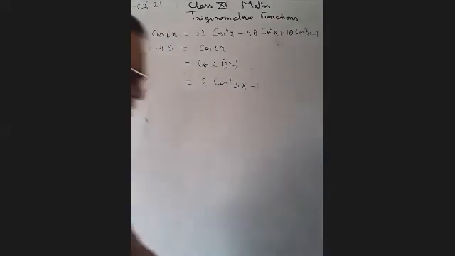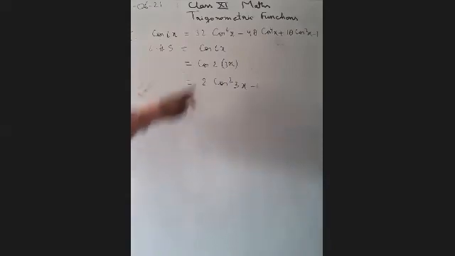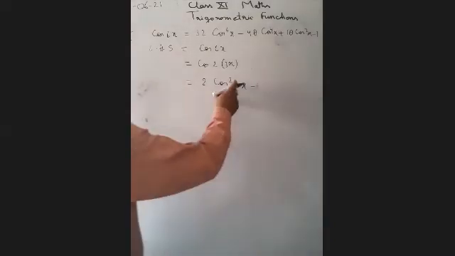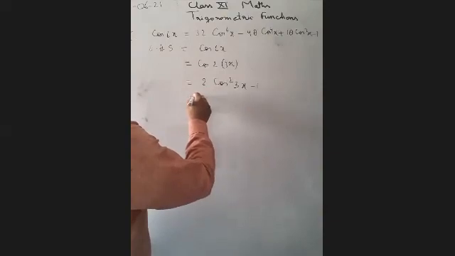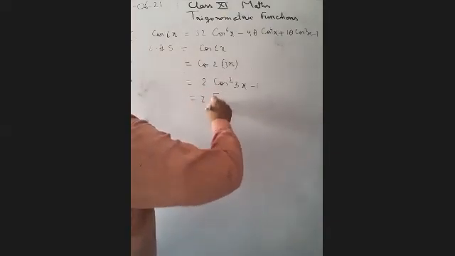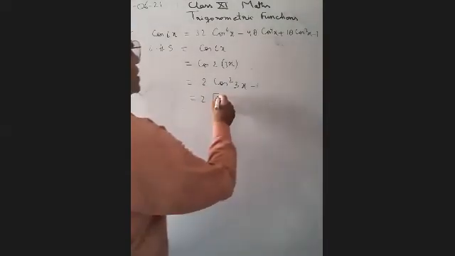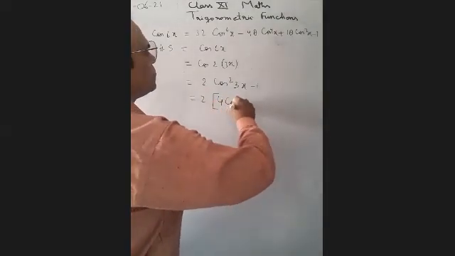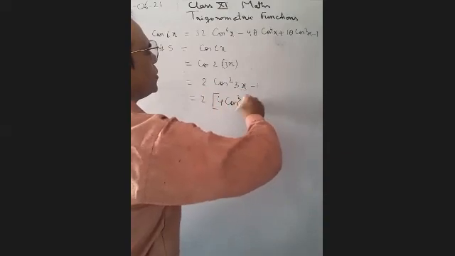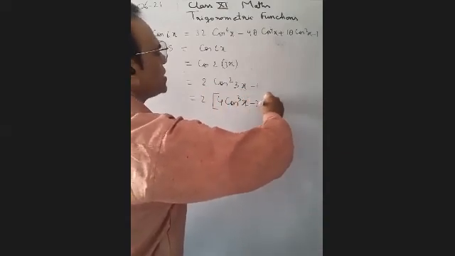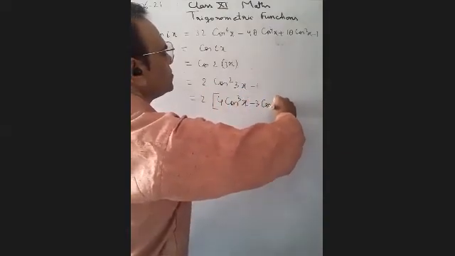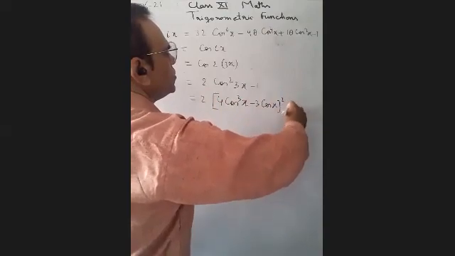Now we can use the formula of cos 3x. So 2 into cos 3x whole square, which is 4 cos cube x minus 3 cos x, minus 1.